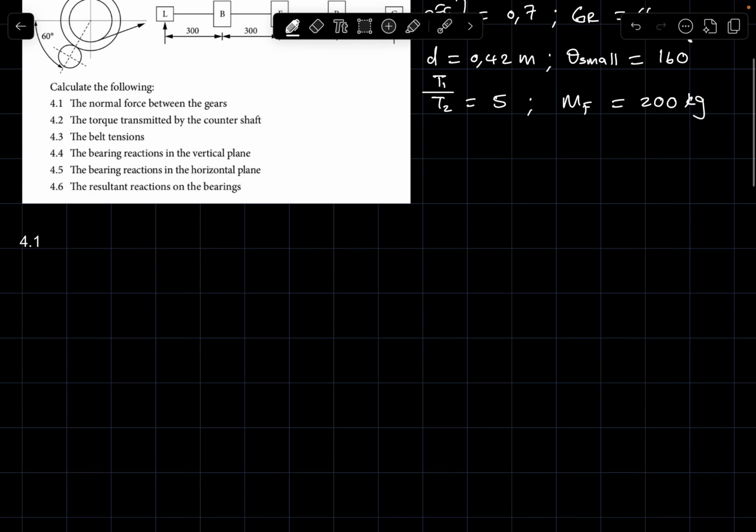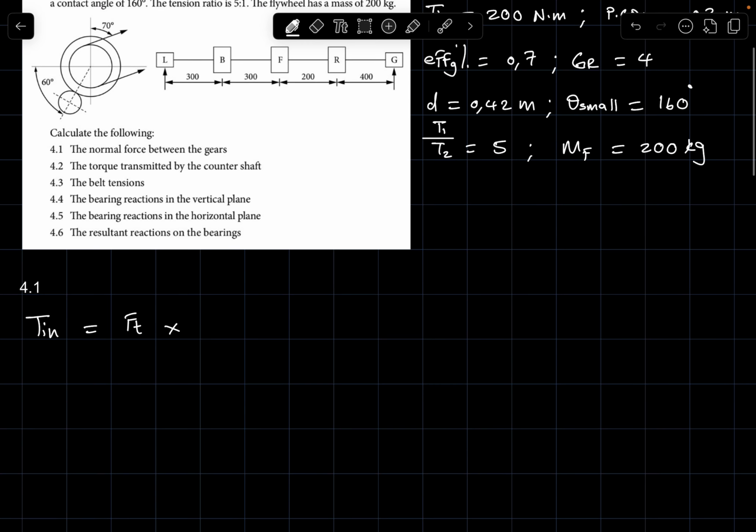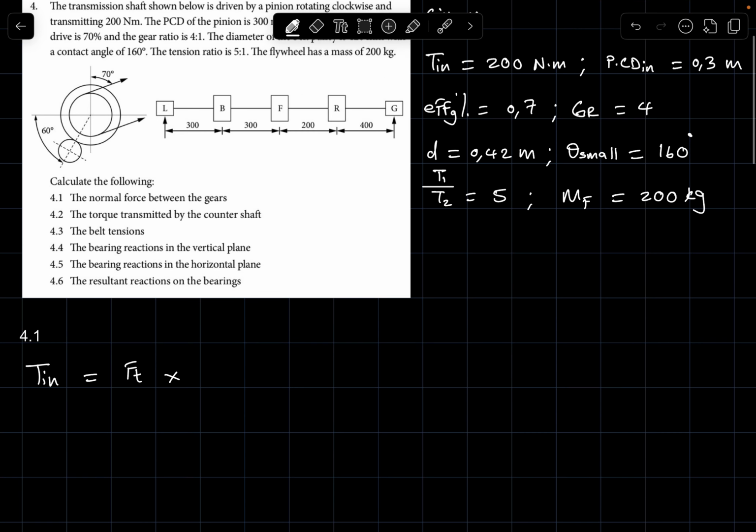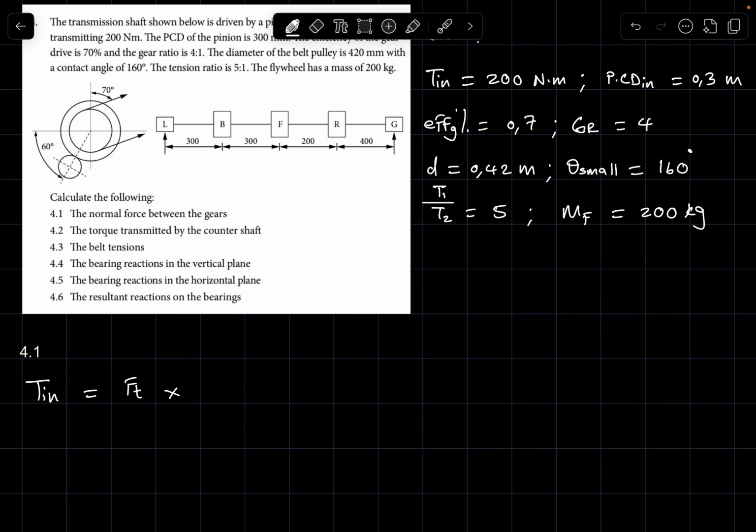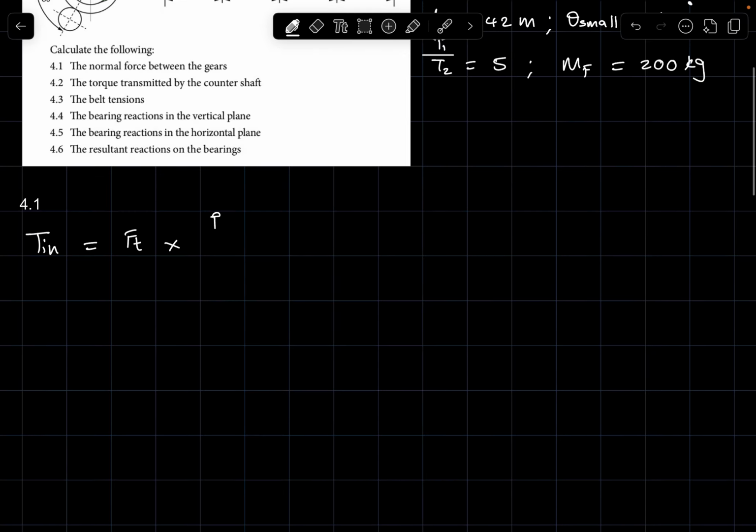So you simply use the formula for torque, which is the tangential force times the radius of the input gear. Seeing that we have the PCD instead, the radius is the PCD of the pinion, the input gear, divided by 2.